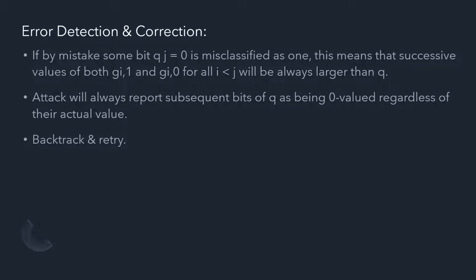Note that this value of C will have the same side channel leakage as if qi equal to 0. Thus, the attack will always report subsequent bits of q as being 0 valued regardless of their actual value. This situation is again easily detected by the attacker, allowing him to backtrack and retry.